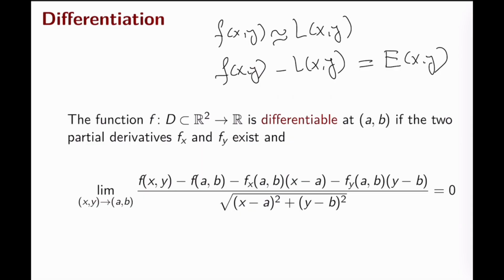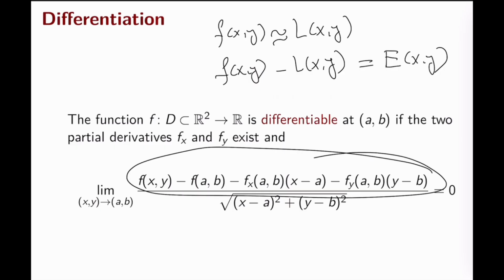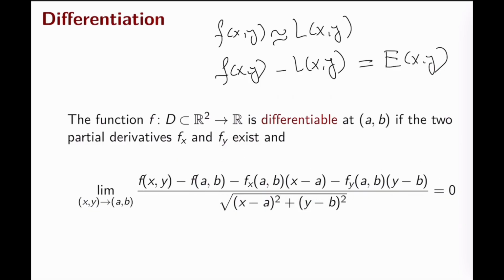So we are going to say that a function is differentiable if the two partial derivatives exist, and when you write here the error, that is, the difference between the function and the linearization, the error divided by this norm here, the limit of this when (x, y) approaches (a, b) should be 0.